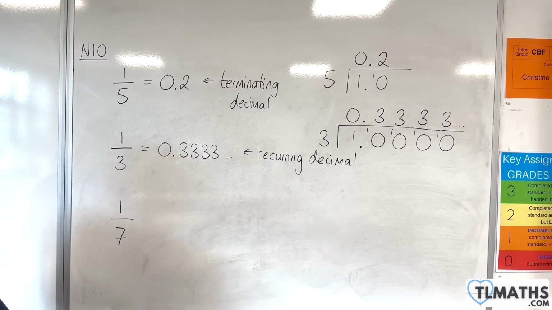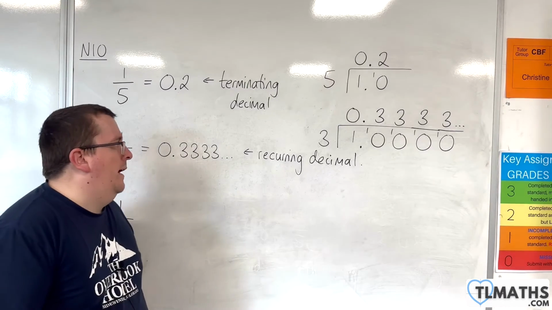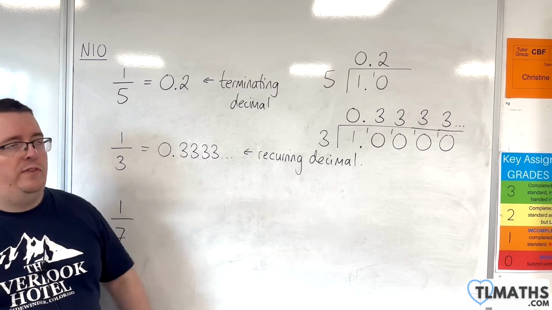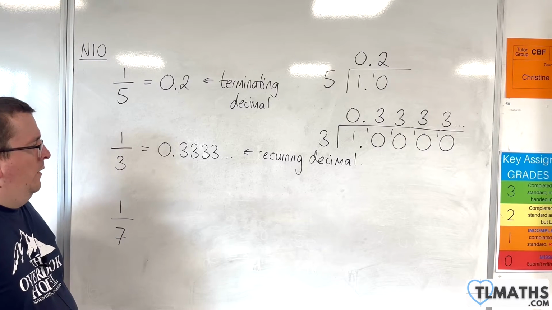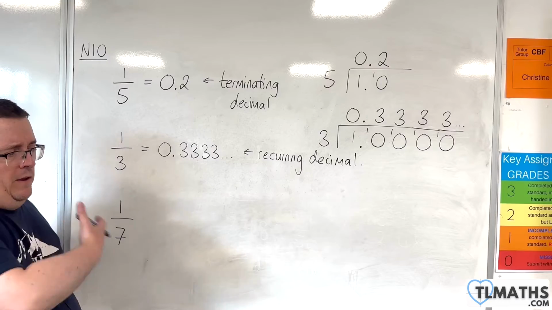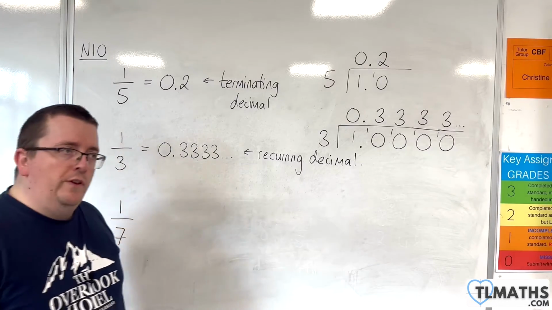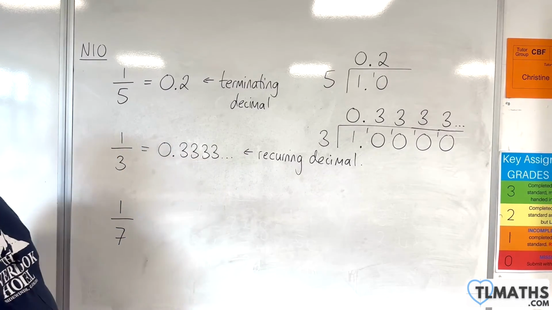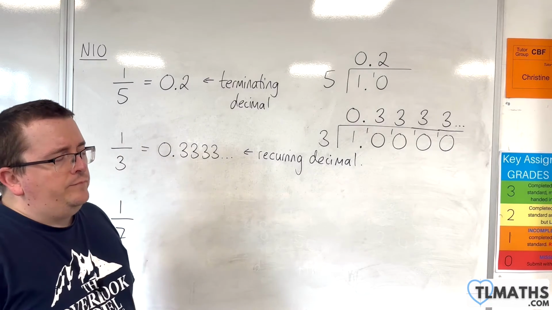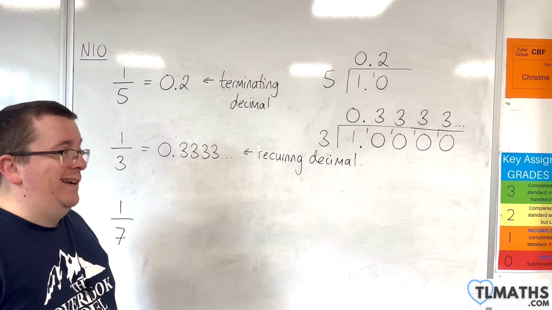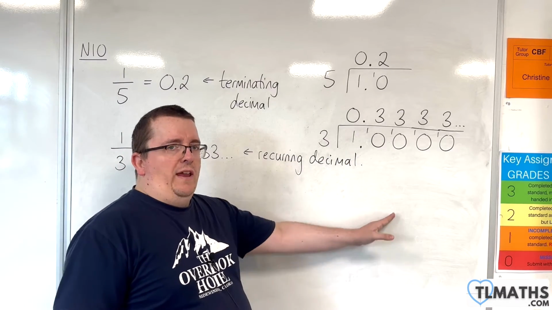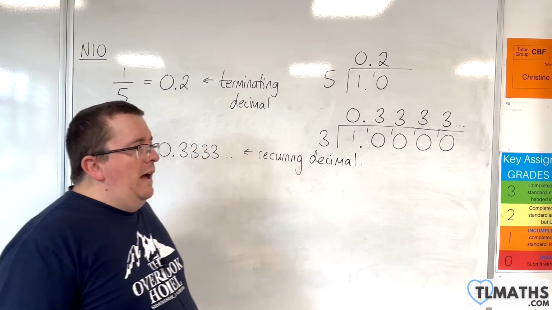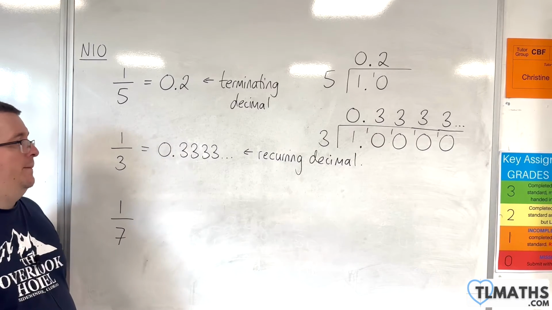Now, in order to identify a recurring decimal, rather than just using these three points here, because that could be misinterpreted. Sometimes when I write down a decimal answer from my calculator, I might just put in 0.2783 ... and that doesn't mean that it just keeps repeating.